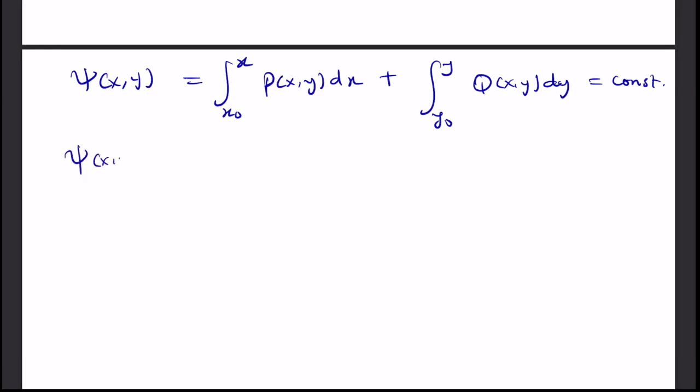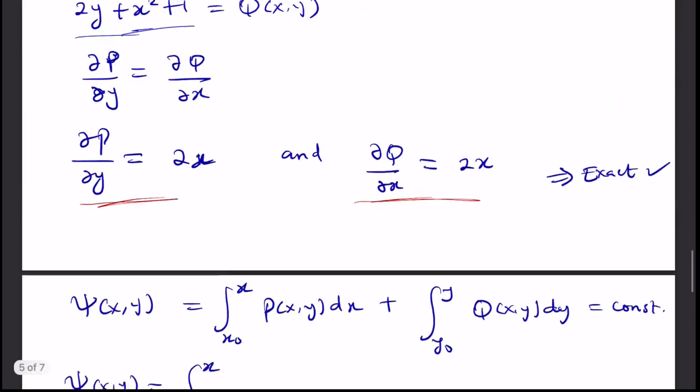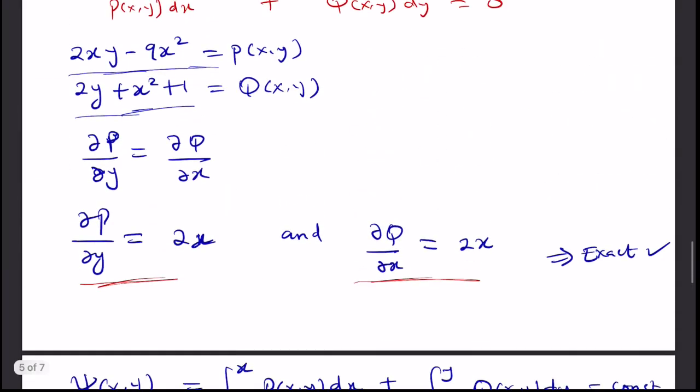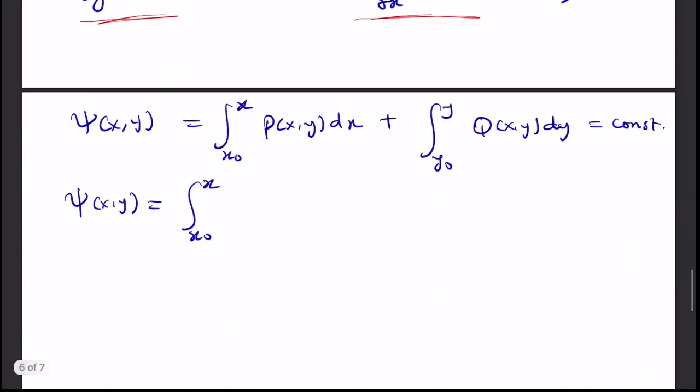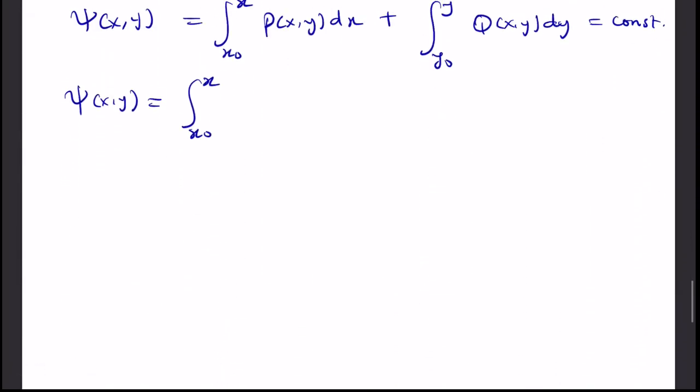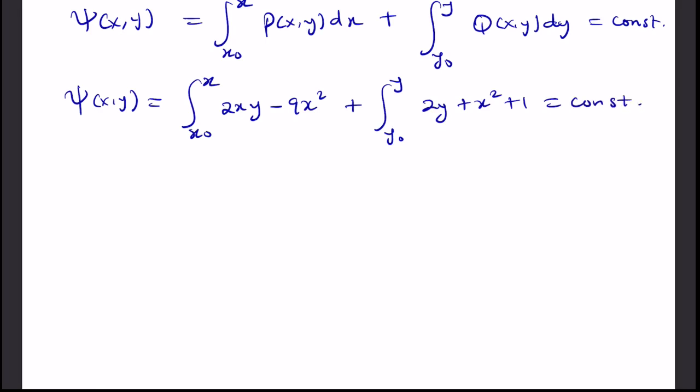Our psi of xy would give us the integral from x naught to x. Our P of xy is what? This 2xy minus 9x squared, plus the integral from y naught to y. Our Q of xy is 2y plus x squared plus 1. All of them are equal to a constant.